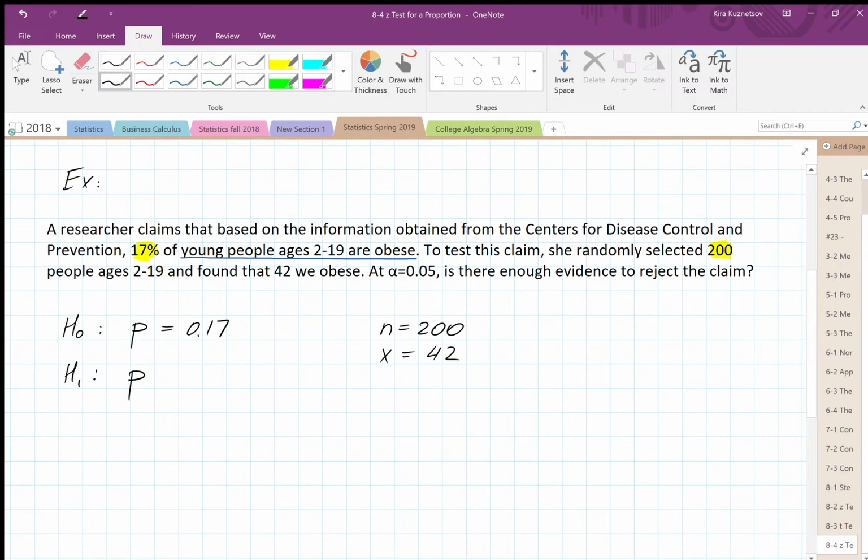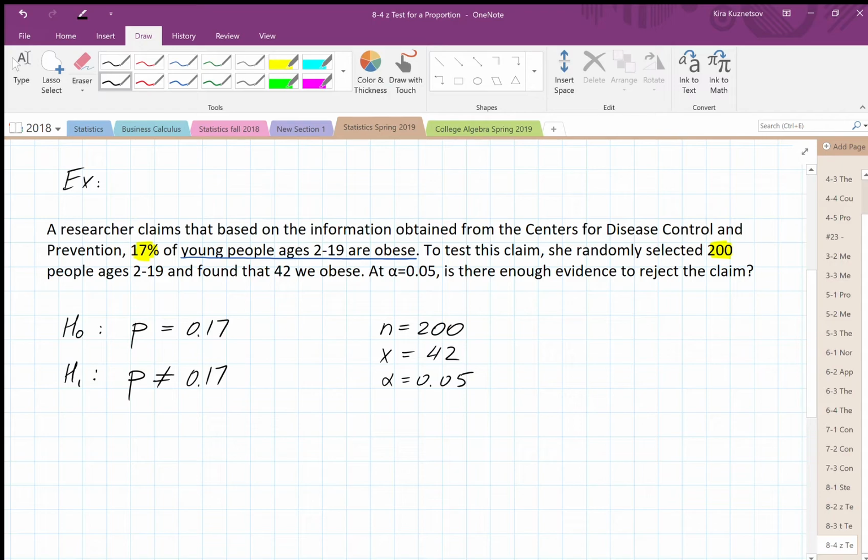The alpha is given to you as 0.05, and the researcher claims that 17% of young people are obese. Nowhere within the problem do you see the words greater than or less than. If there are no such words, we must run a two-tailed test, so we must have a not equal to sign in the alternative hypothesis.